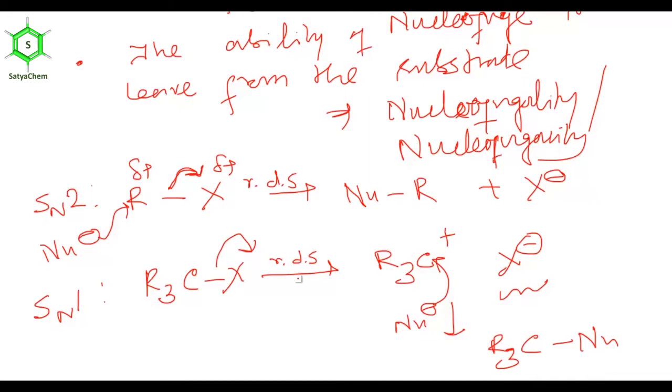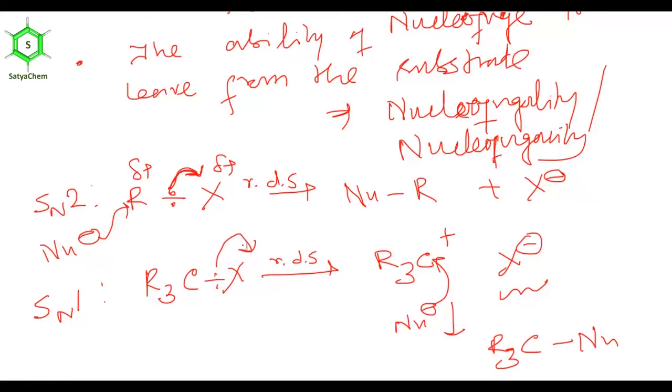Now I need to give you a proper definition of leaving group. A leaving group is an atom or group of atoms that is displaced as a stable species, taking with it the bonding electron pair. So it departs from the substrate as a stable species by taking this bonded electron pair.